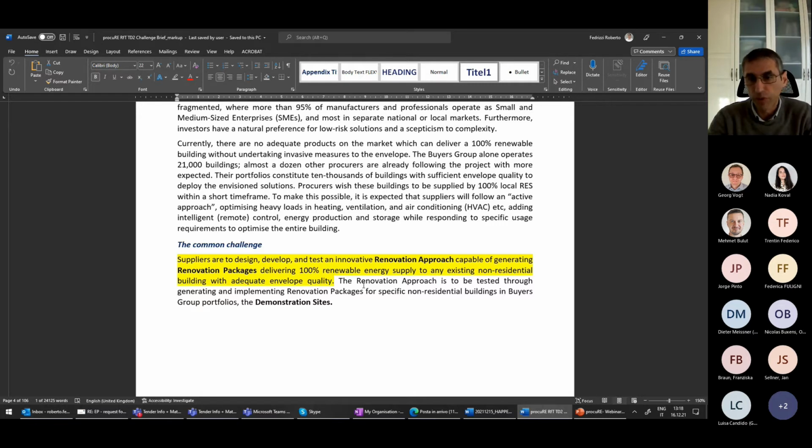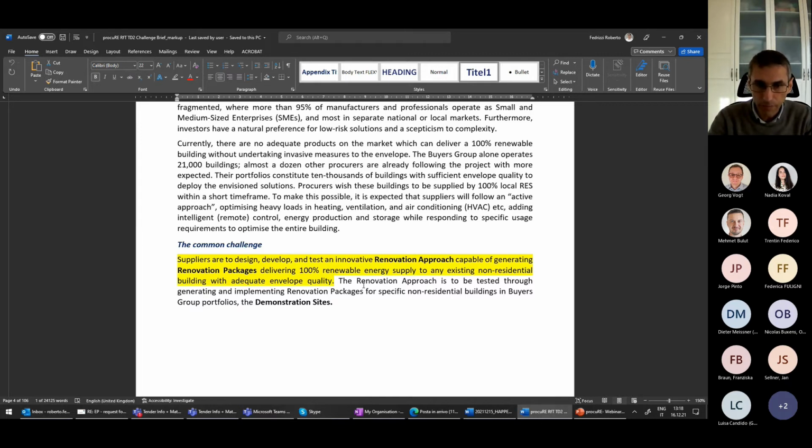The procurers want to receive renovation approaches to generate renovation packages delivering 100% renewable energy supply to existing schools and offices. We said no residential buildings, but again, it is schools and offices.